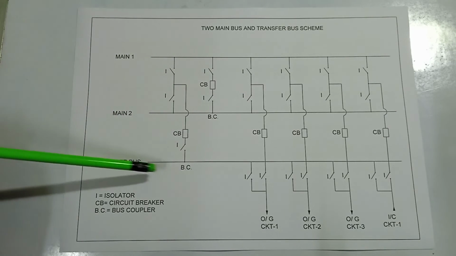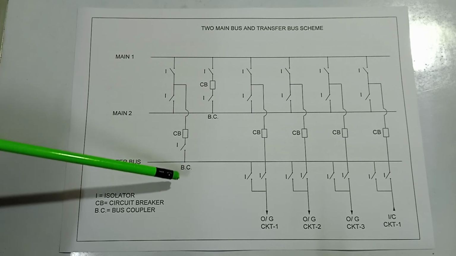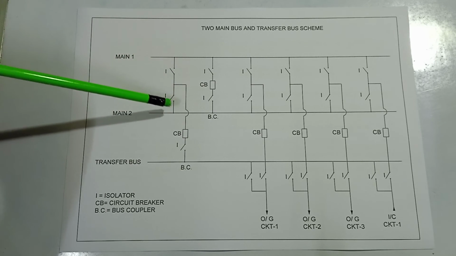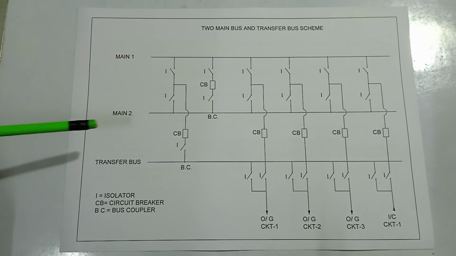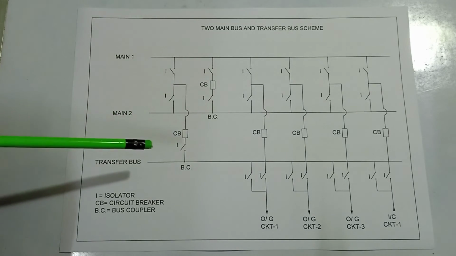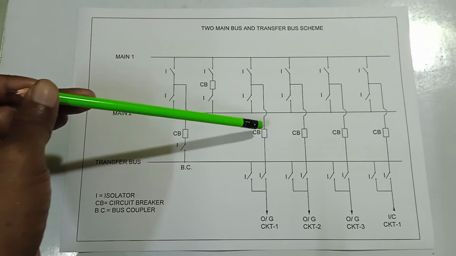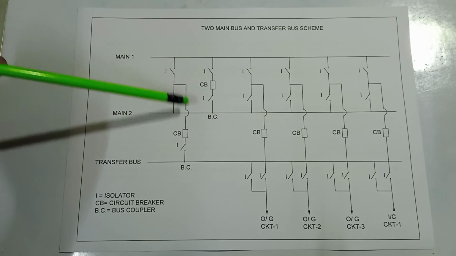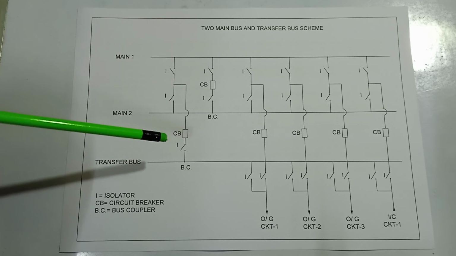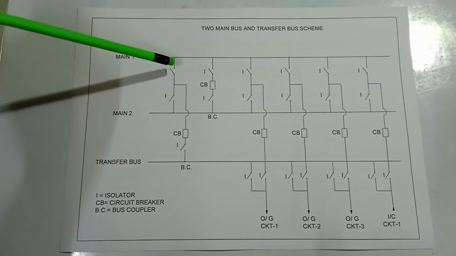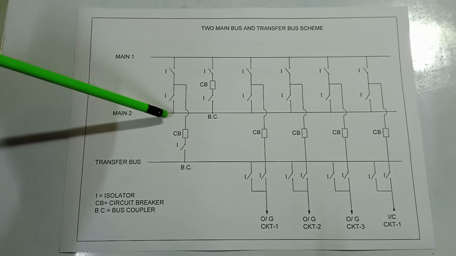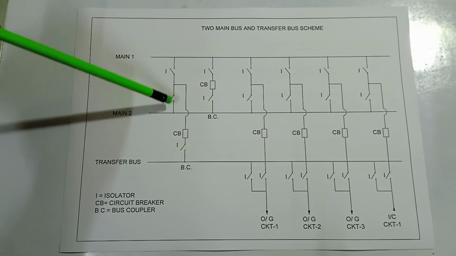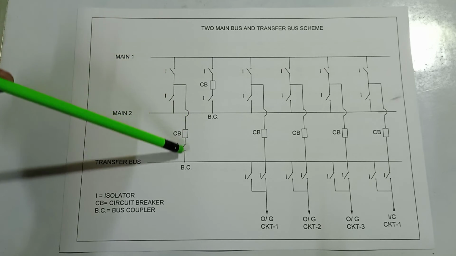And here is the transfer bus. Here is also a bus coupler. This is the isolator for main 1. This is the isolator for main 2. Circuit breaker maintenance or removing a circuit breaker is done through the transfer bus circuit breaker. Suppose we take the power from main 2 through the circuit breaker.